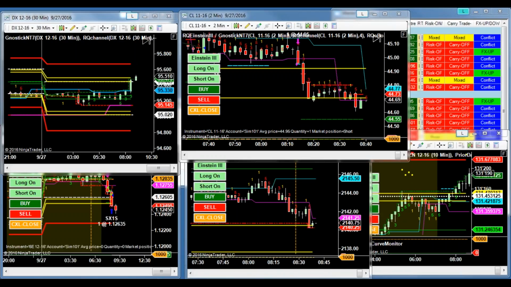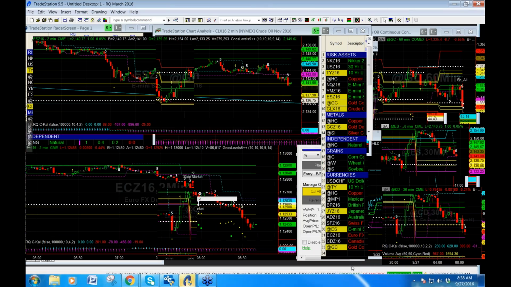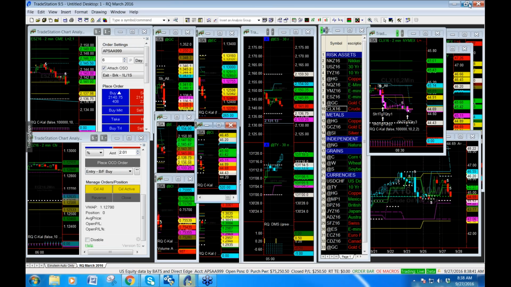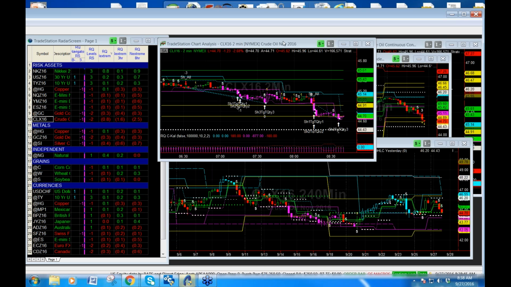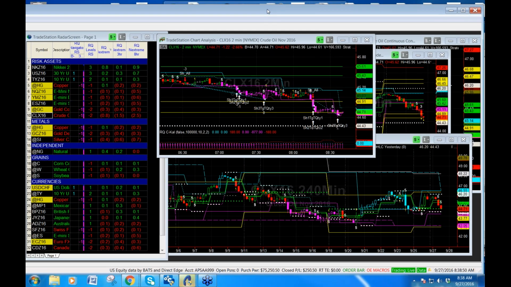Let me show you real quick the Einstein black box on the same 2-minute chart that you see there where I have one contract. Let me show you what 3 contracts look like. Here it is.